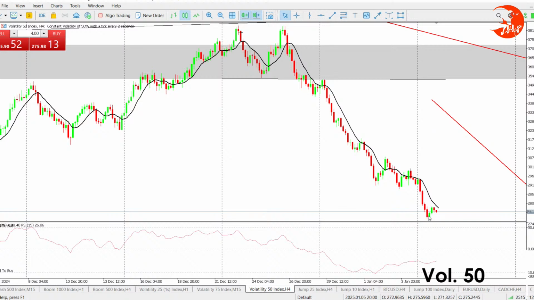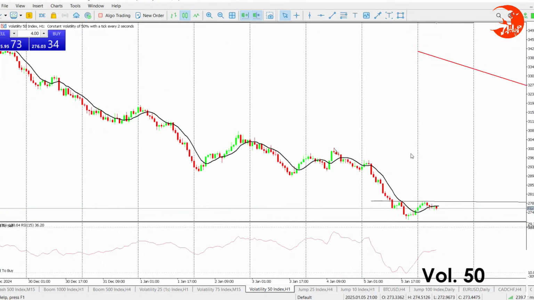This is a previous lower high here. So until I have a breakout right there, until I see that lower high taken out, I'm not entering the trade. If I see on H1, same thing. So it's a no-go for me on this trade for now.